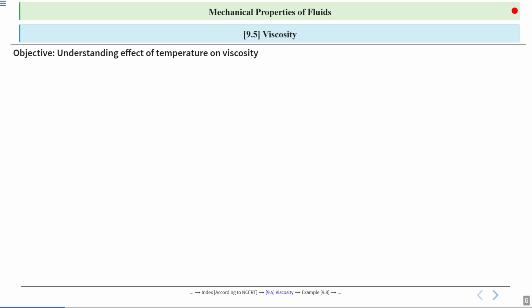Students, now we are going to focus on how temperature affects the viscosity of fluids. We know viscosity is a measure of how much a fluid resists flowing. First, we know viscosity of liquids decreases rapidly with an increase in temperature.